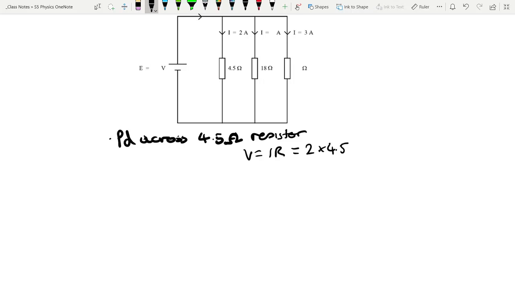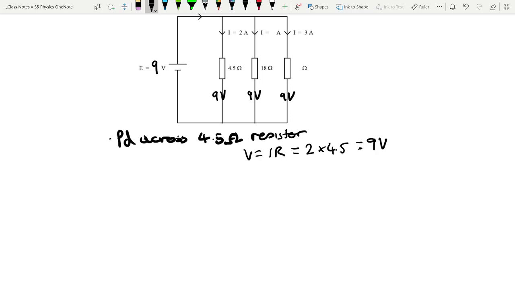So 2 times 4.5, which is 9 volts. So we've got 9 volts along there. That must mean we've got 9 volts along there, which also means we've got 9 volts along there. And our EMF, our total voltage, is 9 volts.